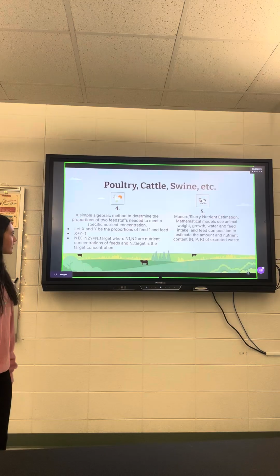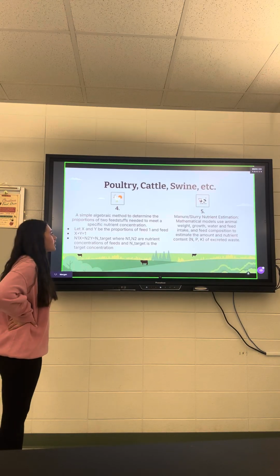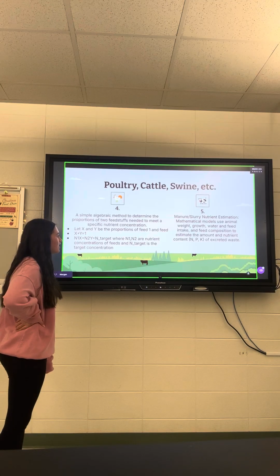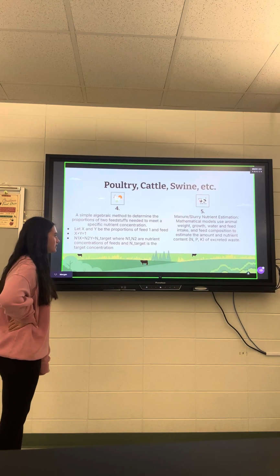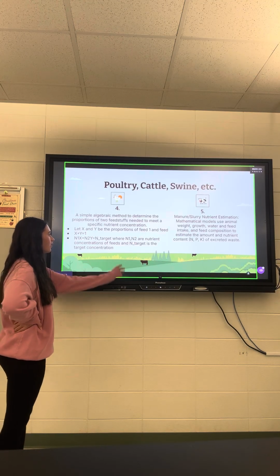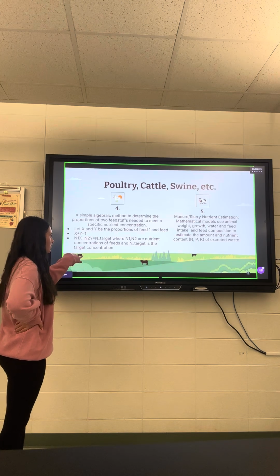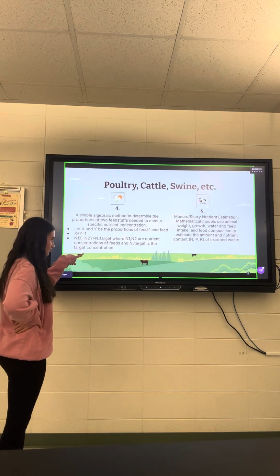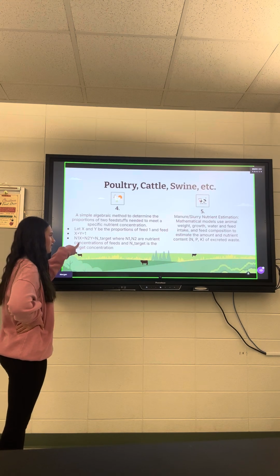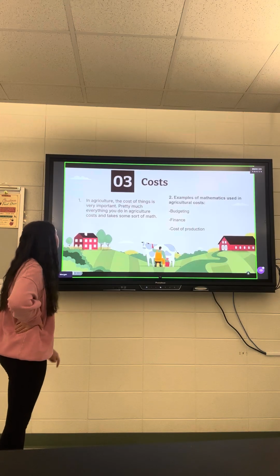Manure and slurry nutrient estimation uses mathematical models based on animal weight, growth, water, and feed intake, and feed composition to estimate the amount and nutrient content, which is nitrogen, potassium, and phosphorus, of excreted waste.